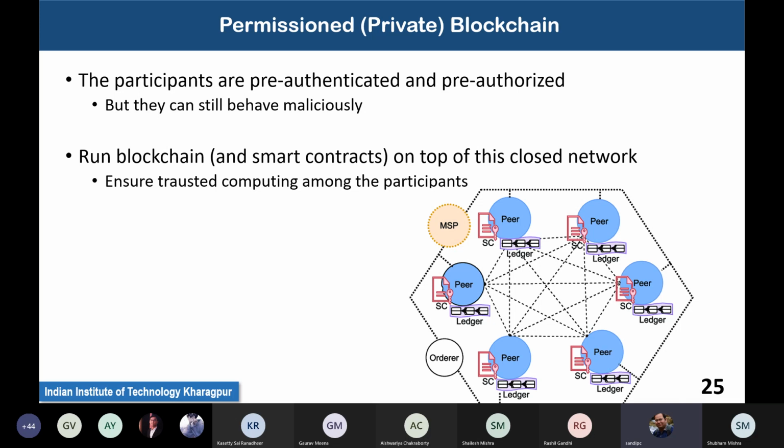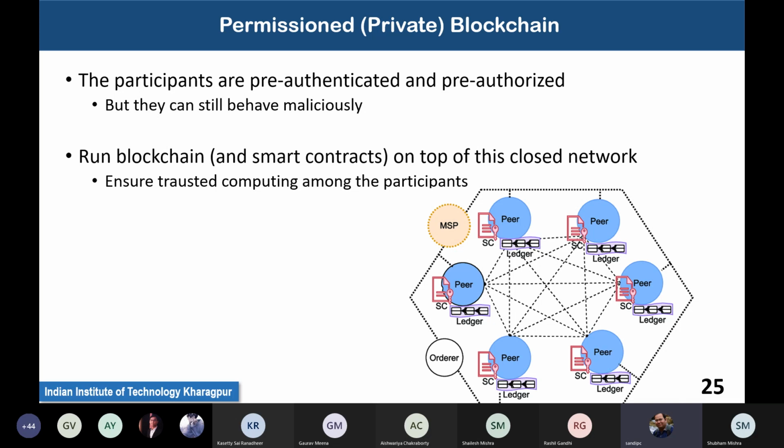The participants are pre-authenticated and pre-authorized. But the problem is that these participants are competitive with each other, so they can behave maliciously. Whenever such an architecture comes up, we move to the permissioned model of blockchain, where the blockchain is executed on top of a private or closed network with the help of classical distributed consensus algorithms, and we can execute smart contracts on top of that.